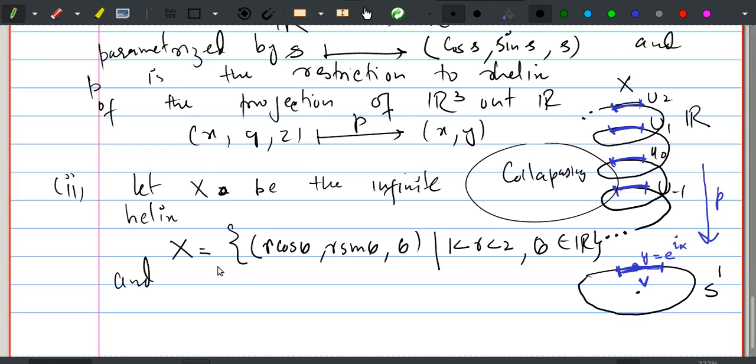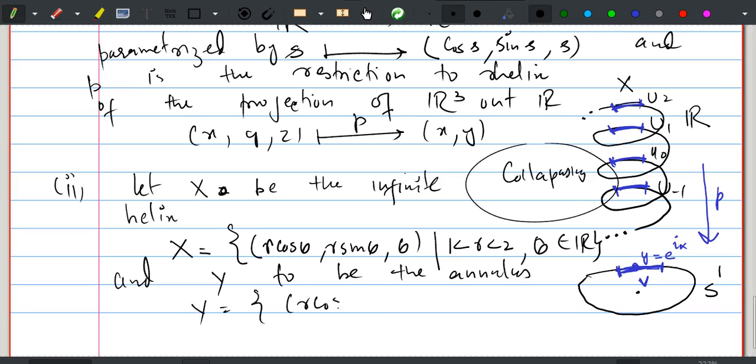And consider Y to be the annulus. So this Y is r cos theta, r sin theta, where 1 is less than r is less than 2, and theta is a real number.